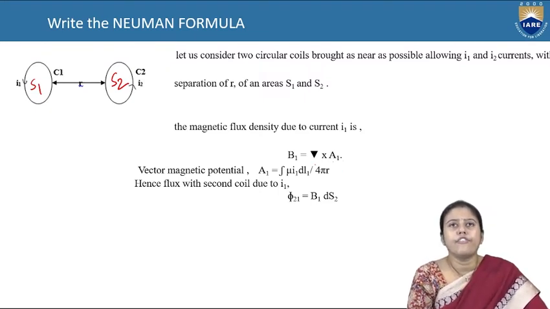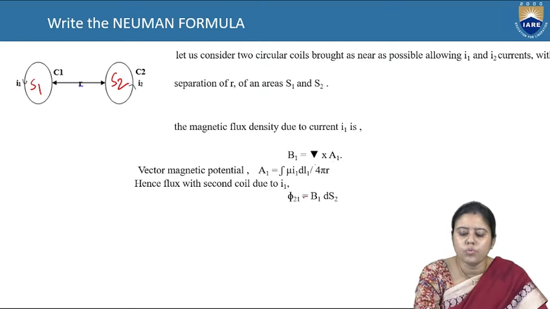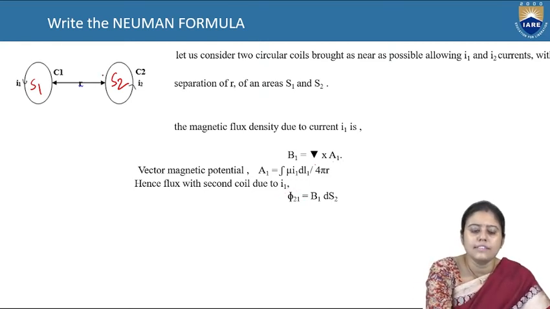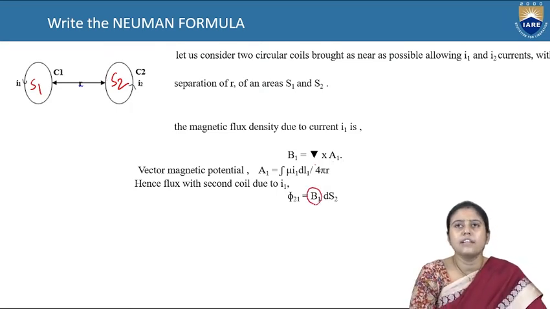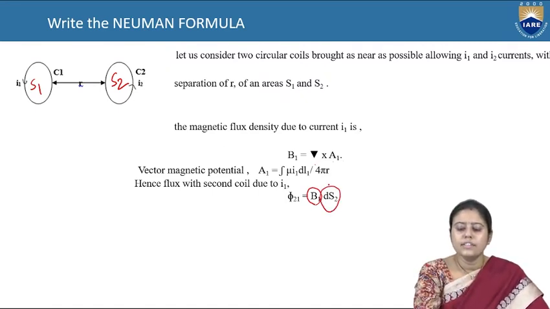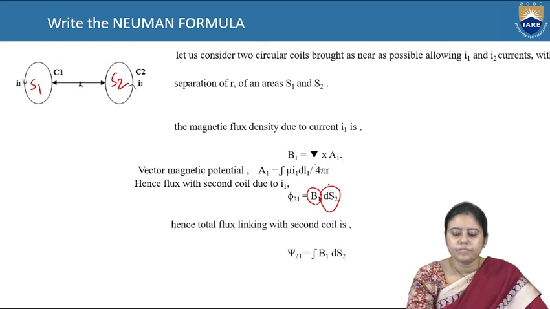So what is the flux linkage phi 21? What is the meaning of phi 21? It is the flux linkage in the second coil due to the first coil. So we can write B1 ds2, the flux linkage due to the first coil in the second coil.